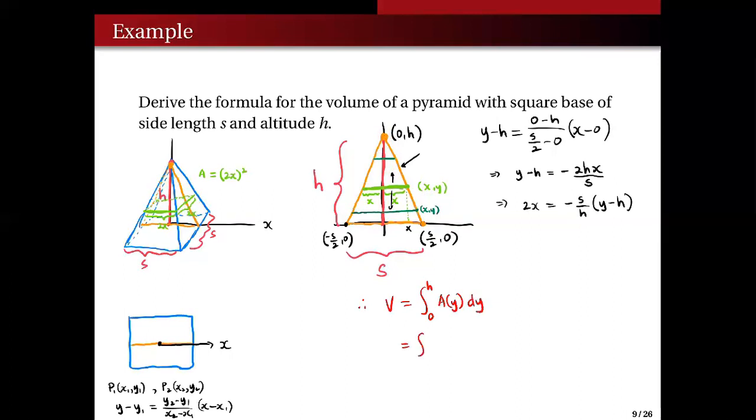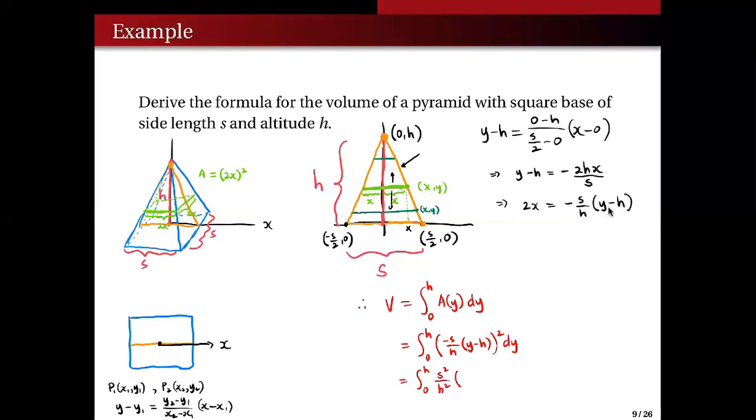But this is now equal to the integral from 0 to h of A of y, which is 2x squared. So we have quantity s over h times y minus h, quantity squared, dy. So this is just the integral from 0 to h of s squared over h squared, quantity.